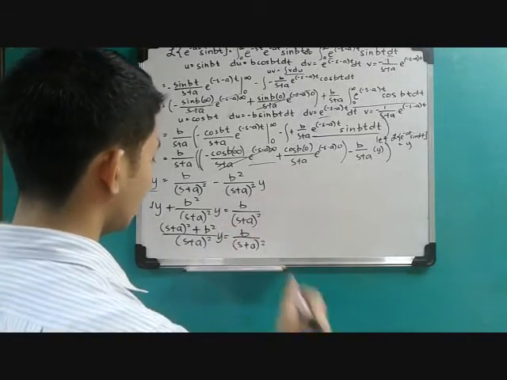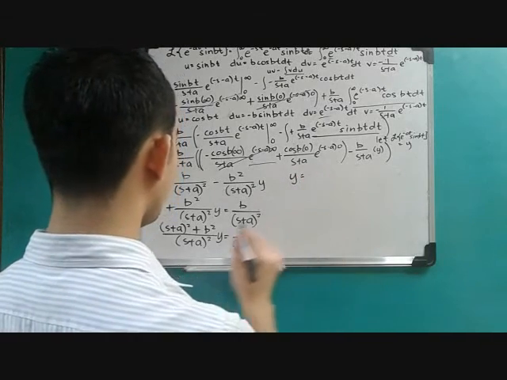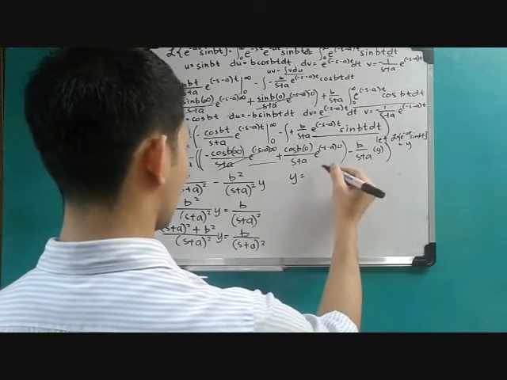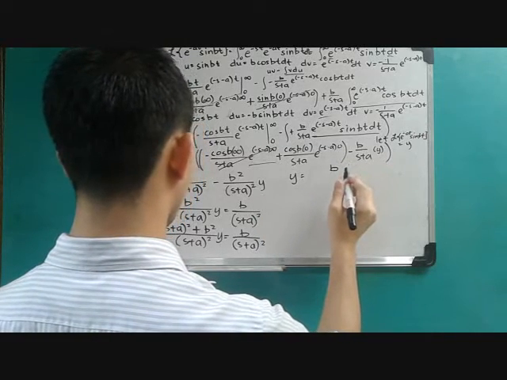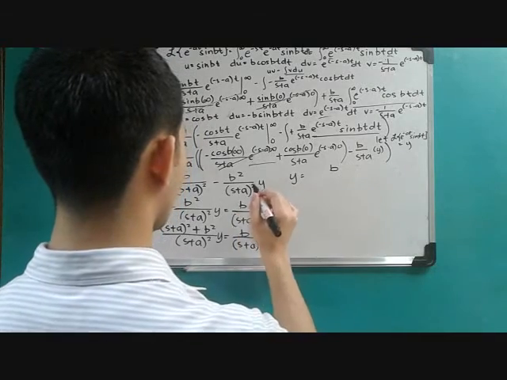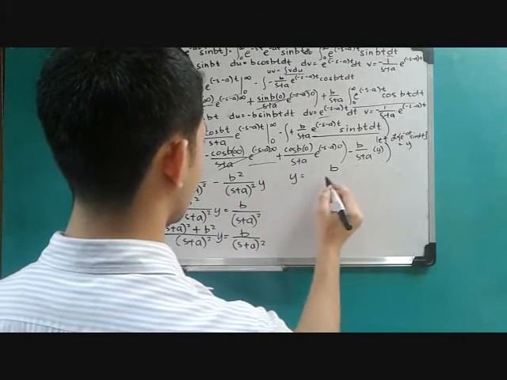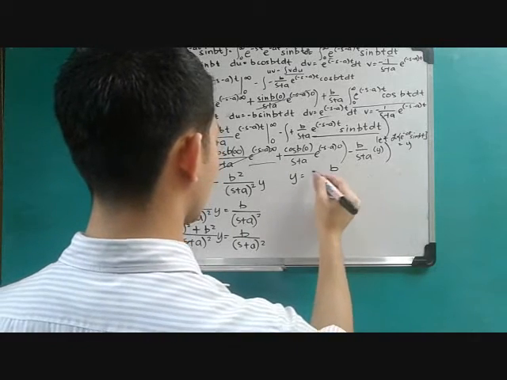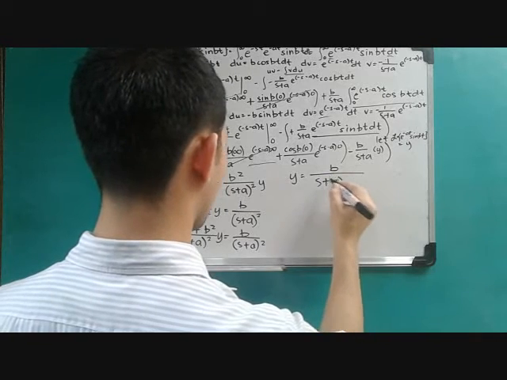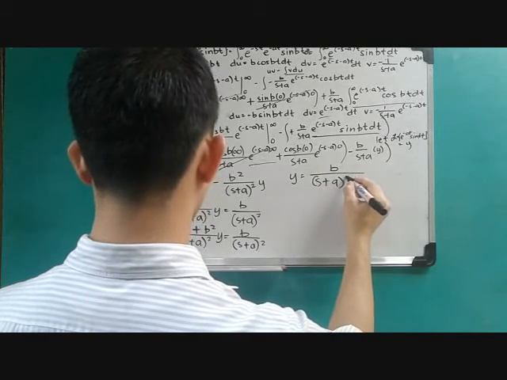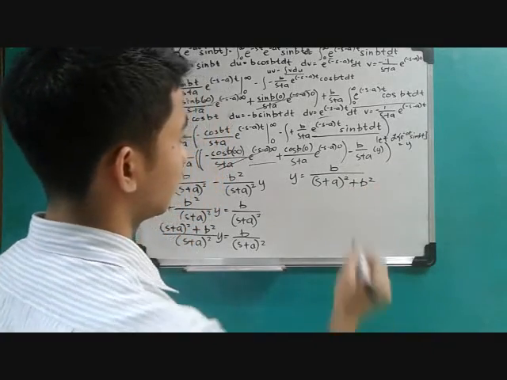Then cross multiply this. Oh, there's a y here. Cross multiply this. This will become y is equal to b over s plus a squared plus b squared.